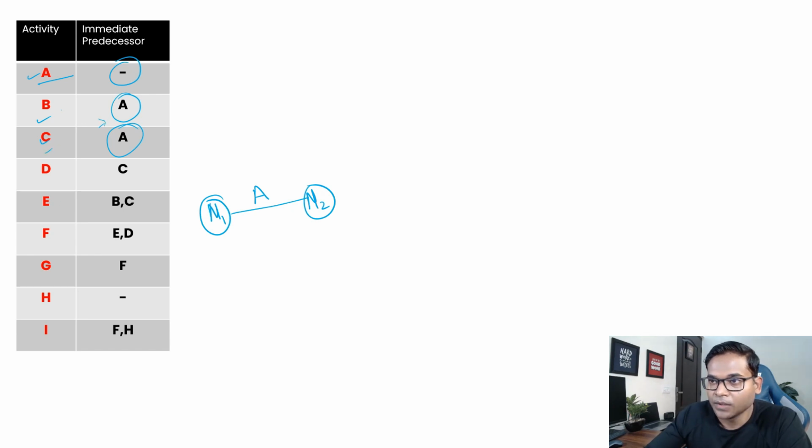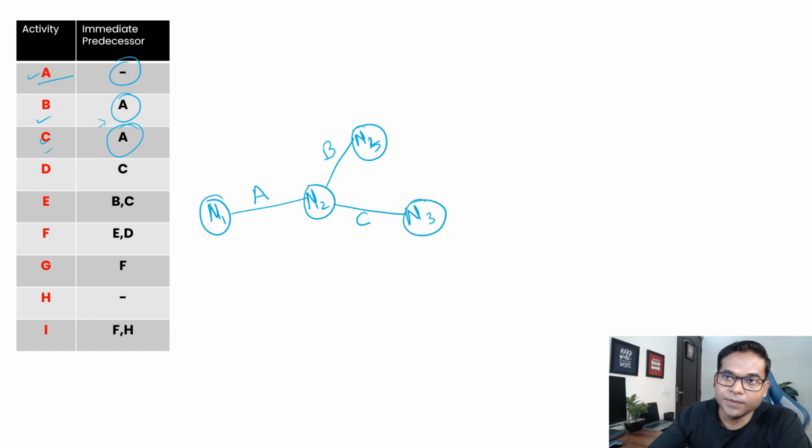So it means activities B and C can immediately start with a node, and this is N2 and this is N3. Okay, let's say this is N4.